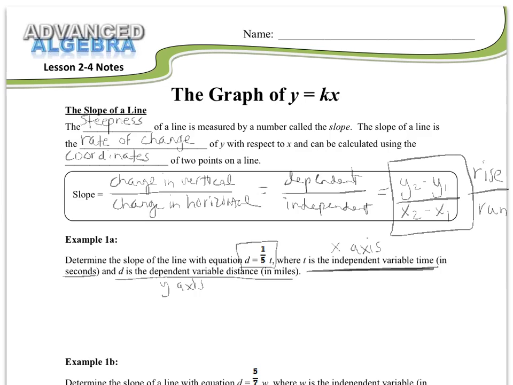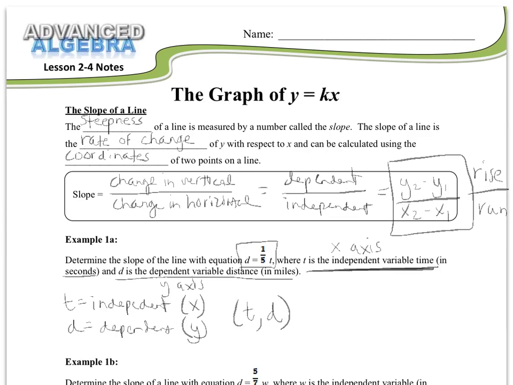So t is independent, and that's going to be the x, and d is the dependent, and that's like the y. So we could write these coordinates as, since t is like the x, we'd write that first, t, and then d is the dependent like the y, it's the second one, so td.